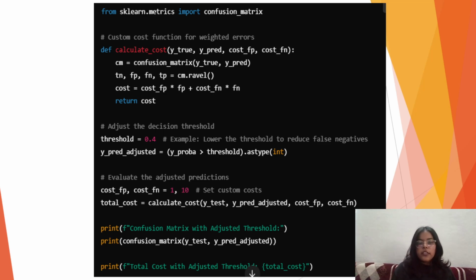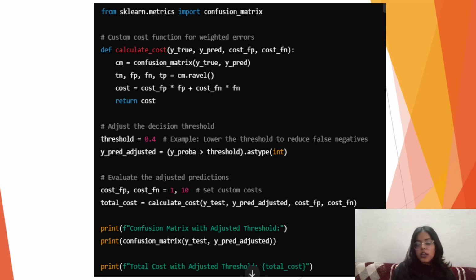Here, def calculate_cost(y_true, y_pred, cost_fp, cost_fn). cm is a confusion matrix, and then we take all these variables. The calculate_cost function uses the confusion matrix to compute the error cost, which involves false positives (FP) and false negatives (FN). A false positive is incorrectly predicted as positive and a false negative is incorrectly predicted as negative.